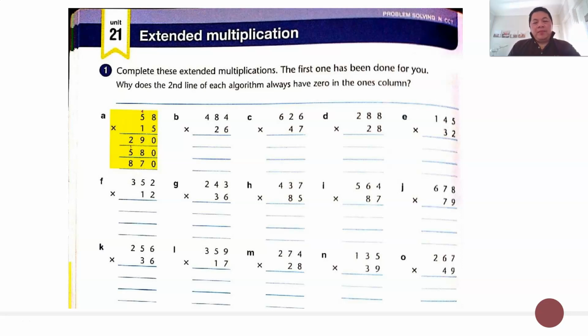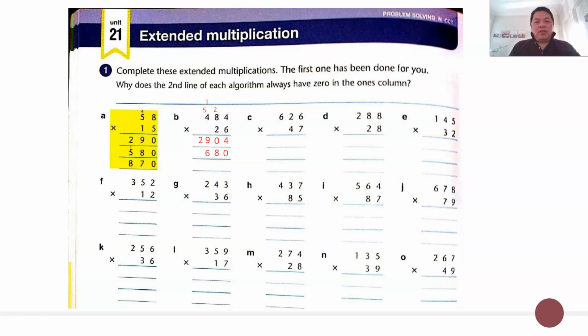Like for example, part B, 4 times 6 is actually 24. So I put a 4 here, put a 2 up on the tens. 8 times 6 is 48. 48 plus 2 is 50. Put a 0, put a 5 up there. 6 times 4 is 24. 24 plus 5 is 29. Then we move on to the tens. Put a 0 first. 4 times 2 is 8. 8 times 2 is 16.